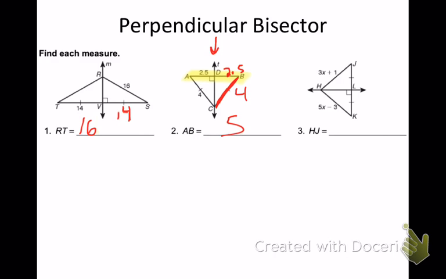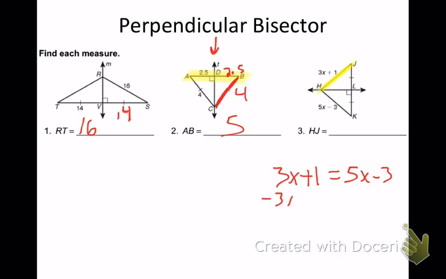Good work. Now, number 3, I need to find HJ. How would I set up to find HJ? Rennie, what do you suppose I'm going to have to do? I would set them equal to each other, because those are equal, right? So I'd say 3x plus 1 equals 5x minus 3. So I solve for x.